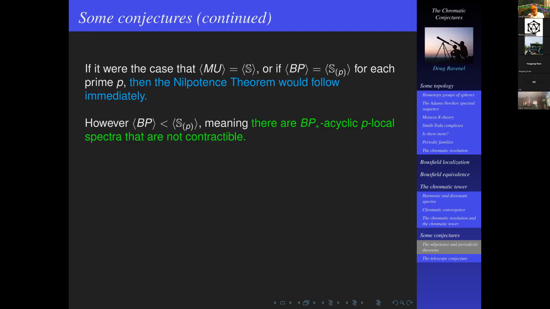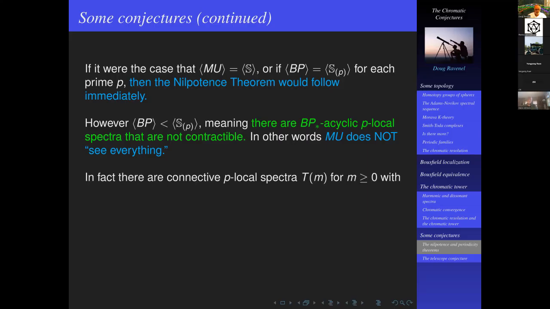So this means there's such a thing as a p-local spectrum with trivial BP homology, but it's not contractible. There are non-contractible spectra that are BP acyclic. In other words, MU does not see everything. And it's actually worse than that.